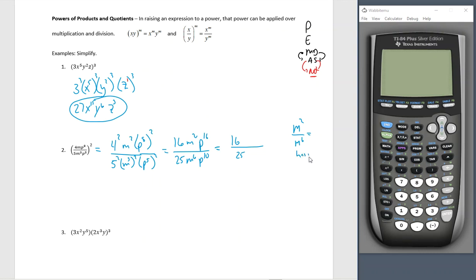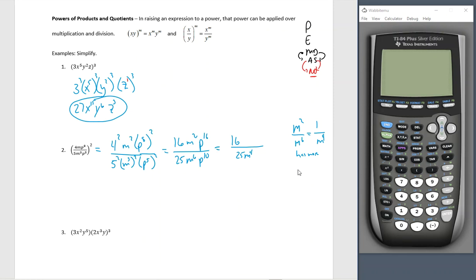The denominator has more, so that's where my answer goes. How many more? 4 more. There's 4 more m's in the denominator than there are in the numerator. So this m to the fourth will be in our denominator.